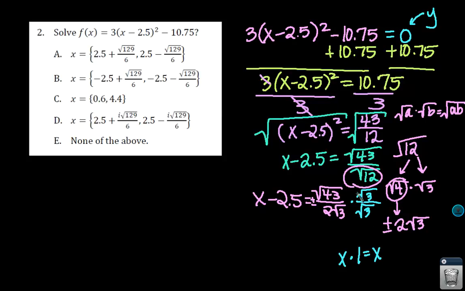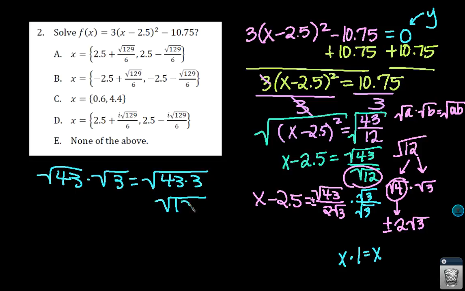Now, when I multiply the top times the top, the square root of 43 times the square root of 3 equals the square root of 43 times 3, which is the square root of 129. And then if I look at the denominator, I have 2 times the square root of 3 times the square root of 3.